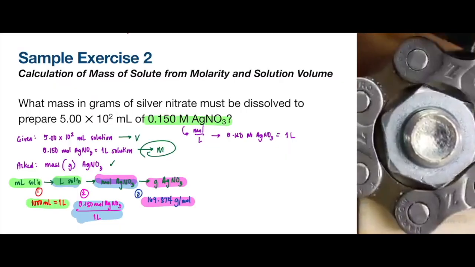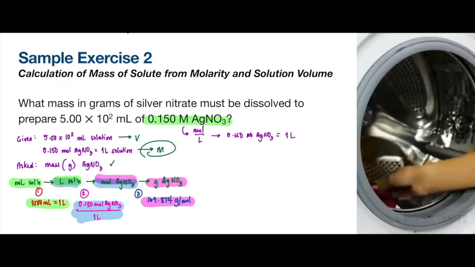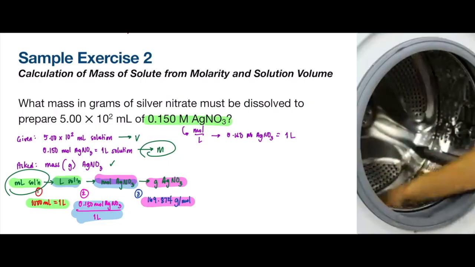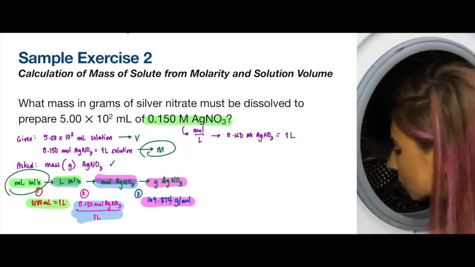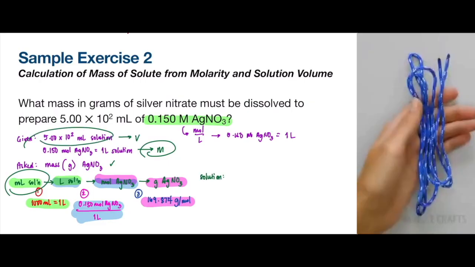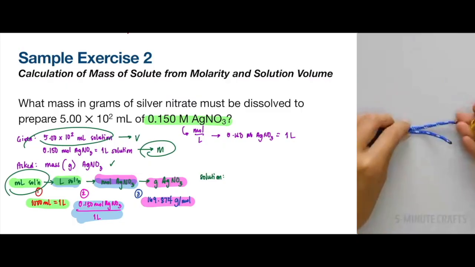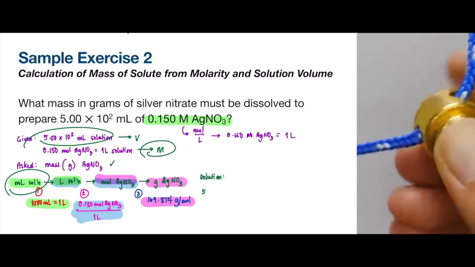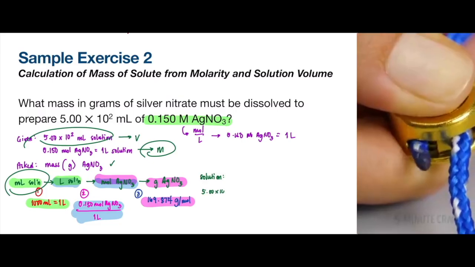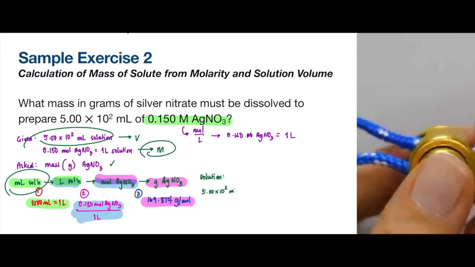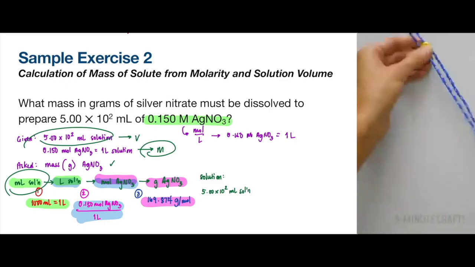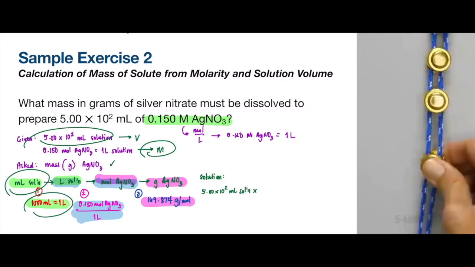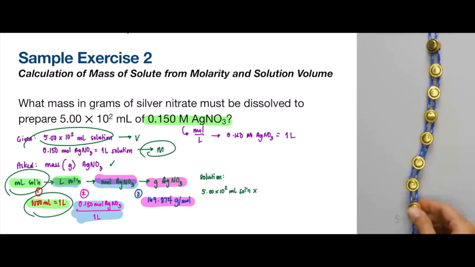169.874 grams per mole. And we are now ready to solve the problem starting from the ml of solution, which is given here. We will write our solution in a single line process, starting with 5.00 times 10 raised to 2 ml of solution multiplied by the conversion factor 1000 ml to 1 liter.